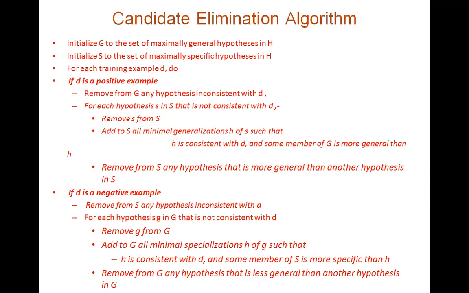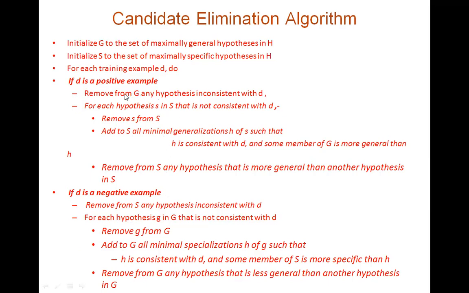And then for each training example D, do these things. For each training example, we have to do the rest of the steps. Again, you can observe here, if D is a positive example, if D is a negative example. If it is positive, we'll do these steps. If it is negative, we'll do these steps. So in Find-S, we are not considering negative examples, but in candidate elimination, we are also considering negative examples.